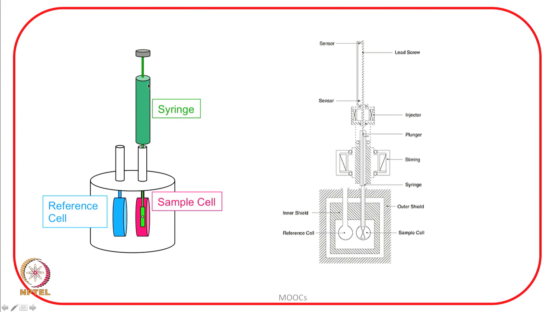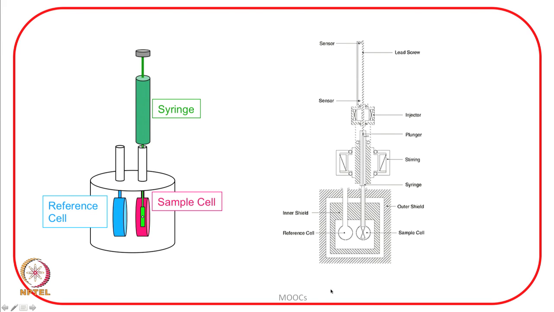You are filling the ligand in this syringe, and at the end of this syringe you see there is a small needle and there is a small pedal over here at the end with a hole. This pedal will act as a stirrer because this entire thing can be rotated, and when the plunger is pushed, the solution can come out of here and get mixed with the contents of the cell.